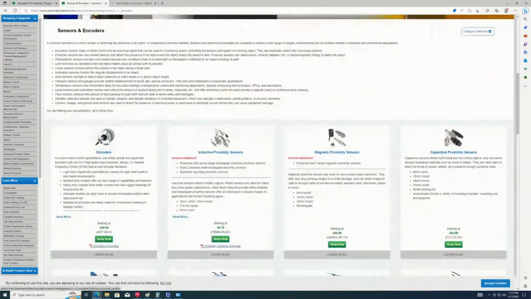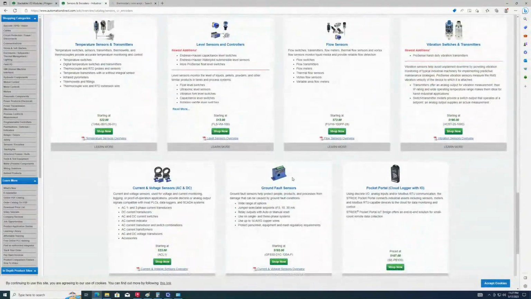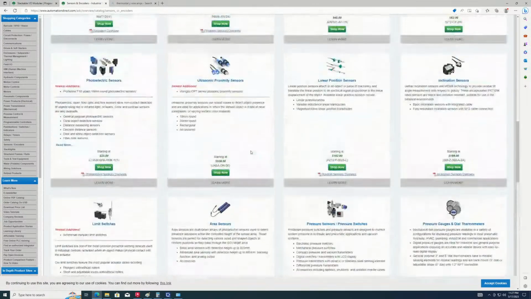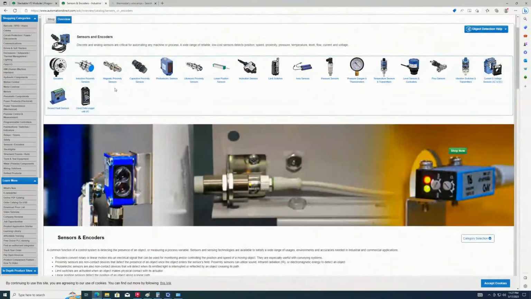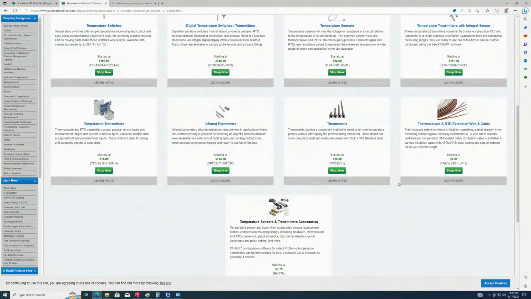Thankfully, look at this. They got an overview page where you can easily look at this stuff, and they actually teach you on this site, which is very helpful. Temperature sensors. There we go. Temperature switches, digital temperature. Do we have analog? That'll be a thermocouple wire.